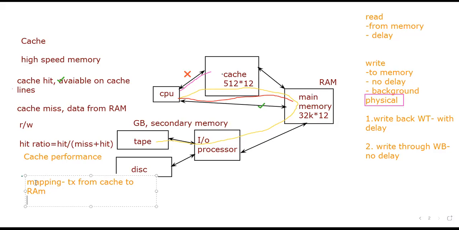In mapping, we have different types. There isn't any description given in your book or even in your syllabus, but there is only one topic of cache memory, so we can describe whatever important topics there are.